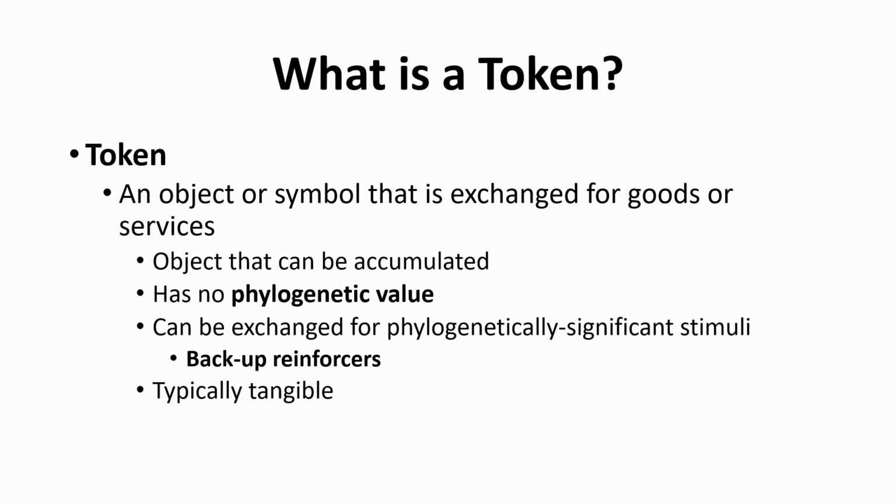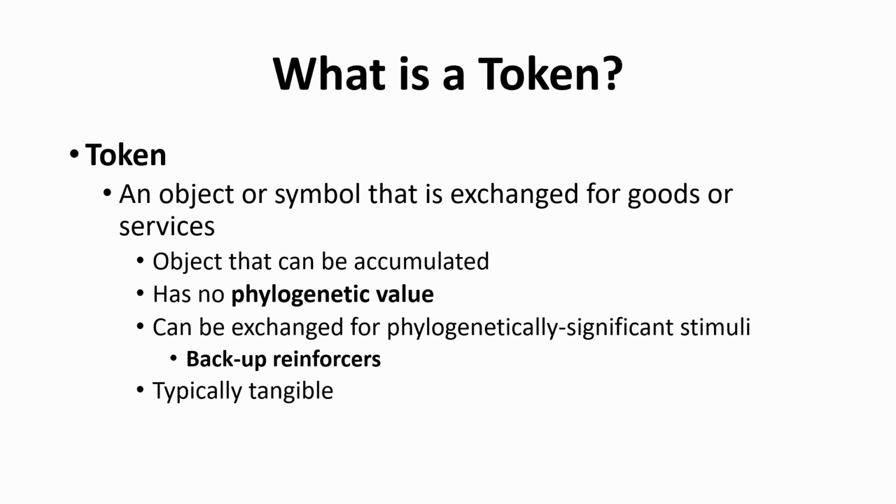A token should then be something that you can exchange for a phylogenetically significant stimulus. So this is where what are called backup reinforcers come in. Once you've earned enough tokens, the idea behind a token economy is that you can exchange those tokens for something that is biologically relevant.